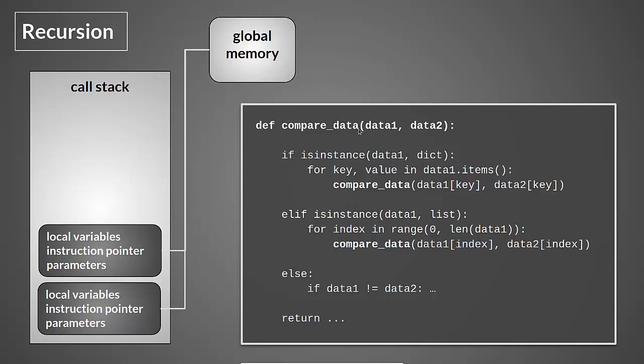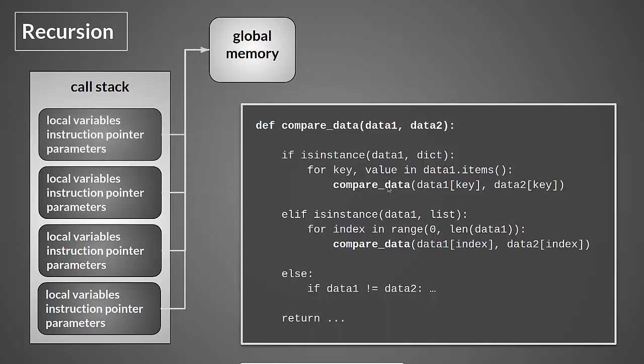Now let's pause for a second and look at this. If compare data is going to eventually call compare data, then you're going to end up adding new things every time you call compare data onto this call stack. Now the good news is eventually you'll get to a situation like in my little code snippet, simplified, where it's not a dictionary, that's what I'm testing for here, and it's not a list, which is what I'm looking for here.